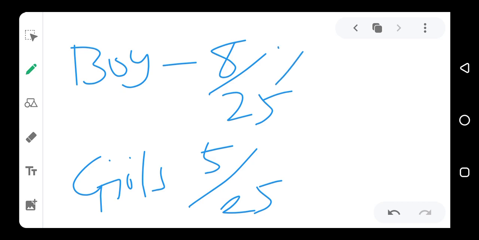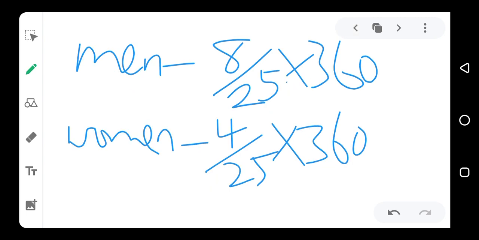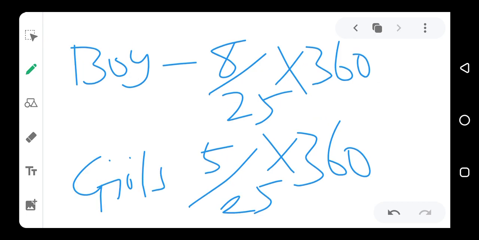For boys, we multiply this ratio by 360. For girls, we multiply this by 360. Now when we multiply, we say 8 over 25 multiplied by 360. Whatever it gives us, we write it in degrees. That will determine the size of the sector.